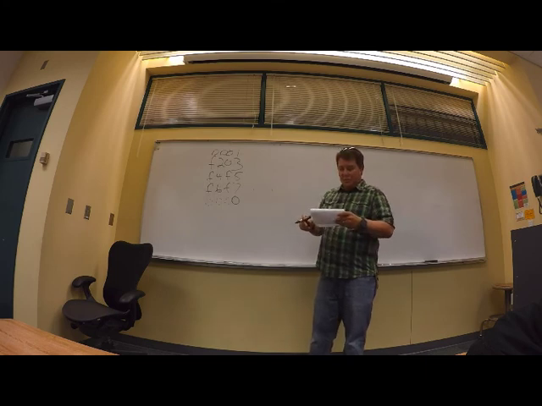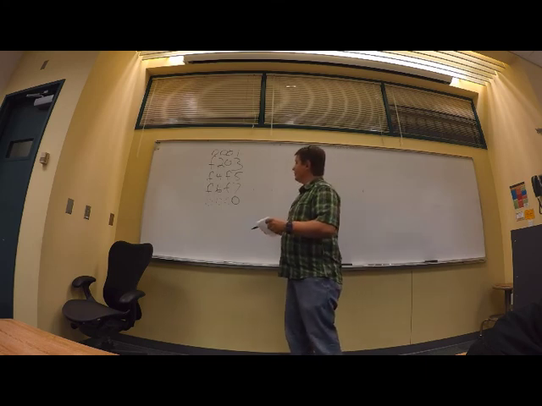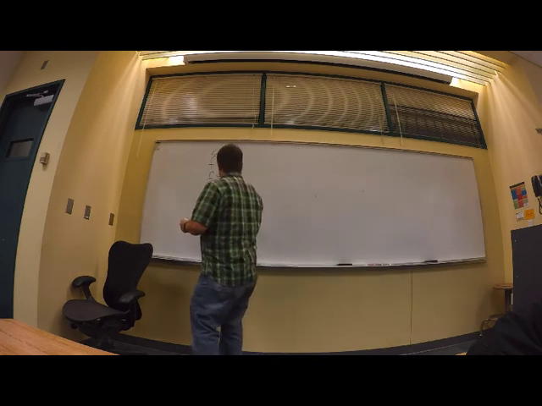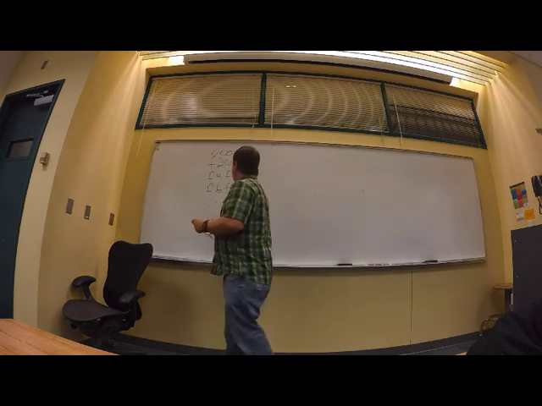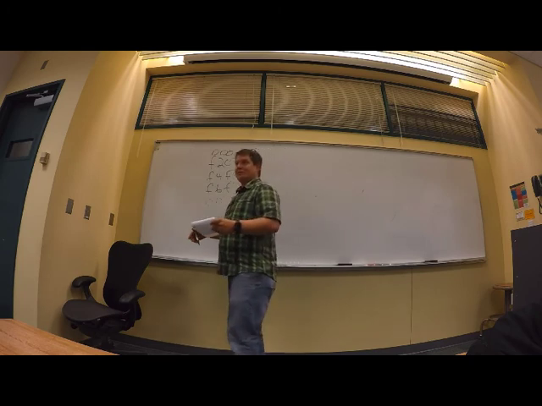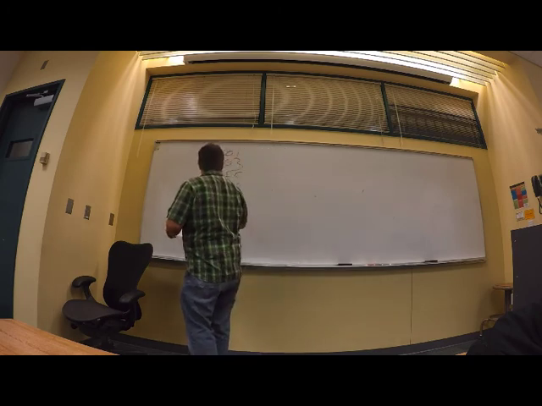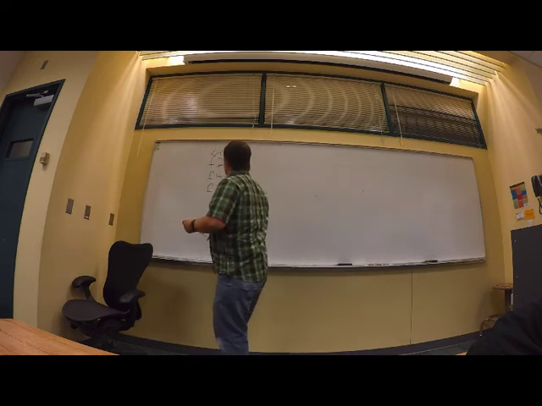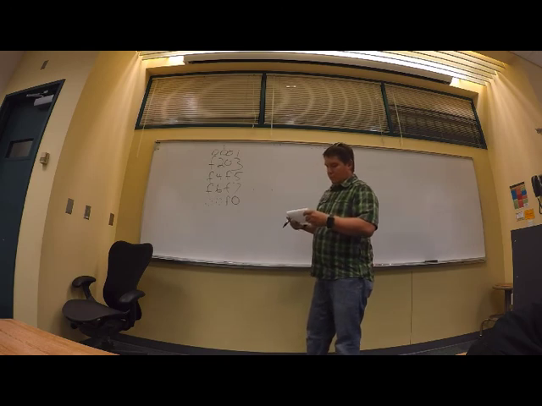And then we sum those together. What do we get? F and F and 1. 1 and F is 10 again, so it's F, and then we carry the 1. 1, 2, 4, and 6.